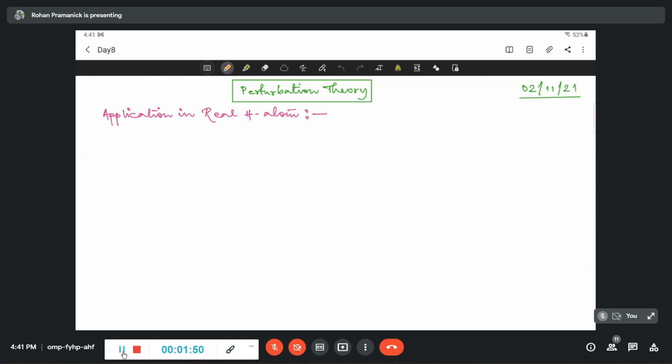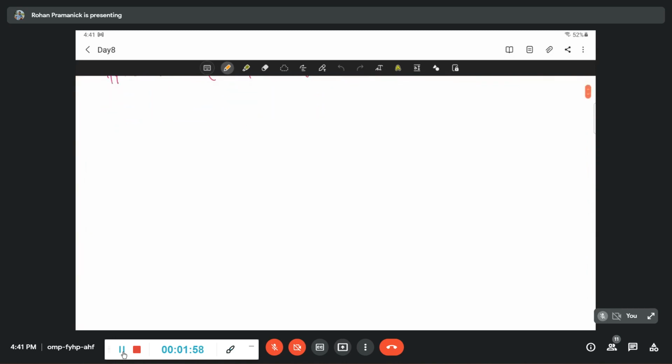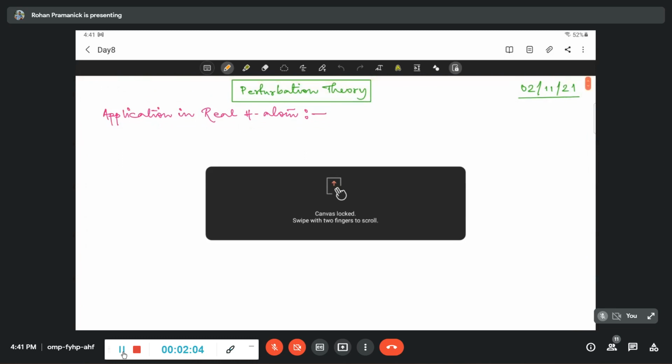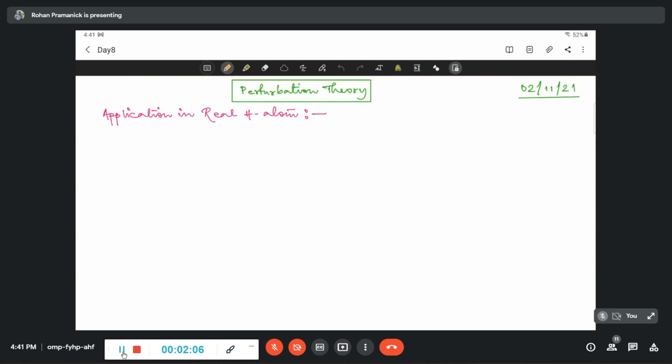And the algebra, all of you knew that we have to do the separation of variables and all those kind of things. But in a real life hydrogen atom, of course it is not possible to isolate a hydrogen atom from the rest of the universe. So there are perturbations present within the hydrogen atom.